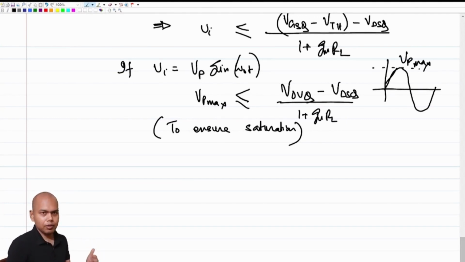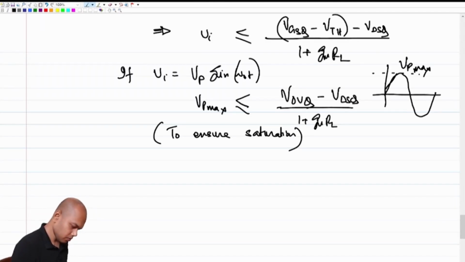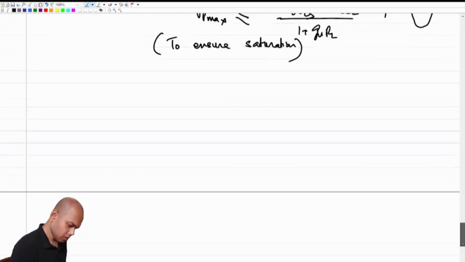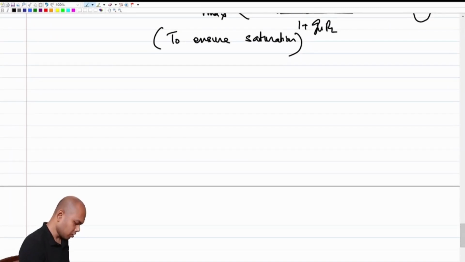But what is the problem? The problem is my current is decreasing. So what is the other condition? The other condition is, what is my total current?